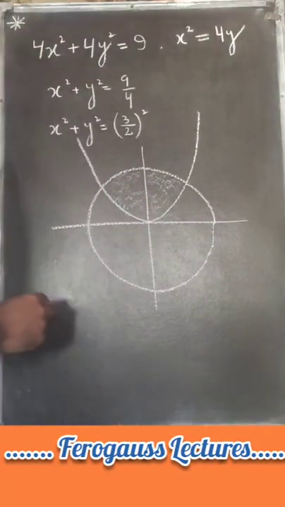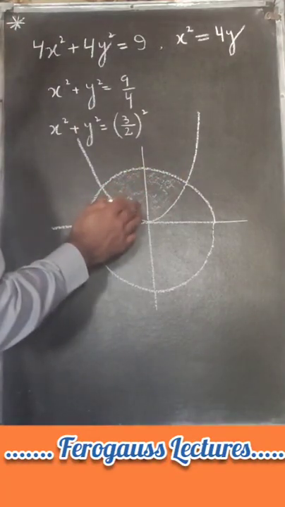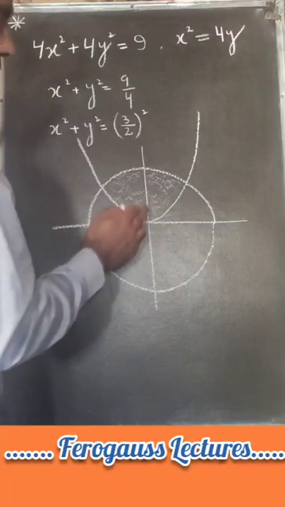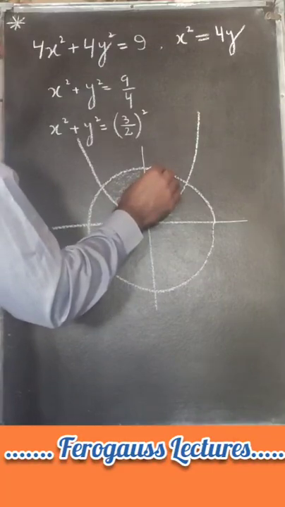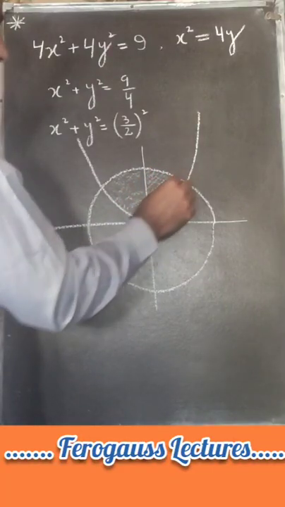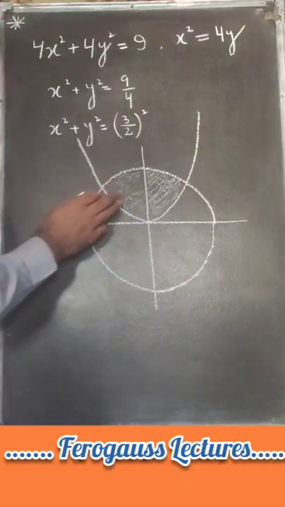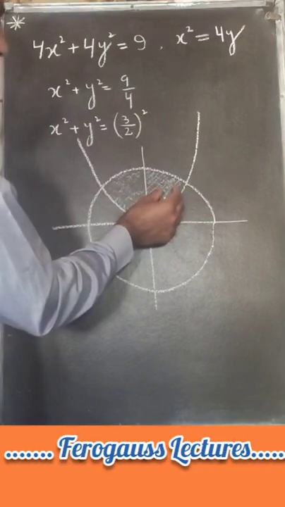Okay, since the circle and parabola are symmetric about this y-axis, if we find this area, that is the area in first quadrant, then the total area is equal to 2 times the area in the first quadrant.